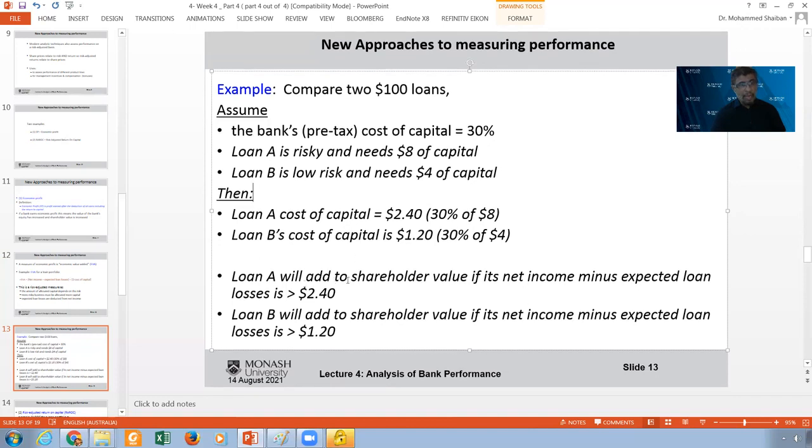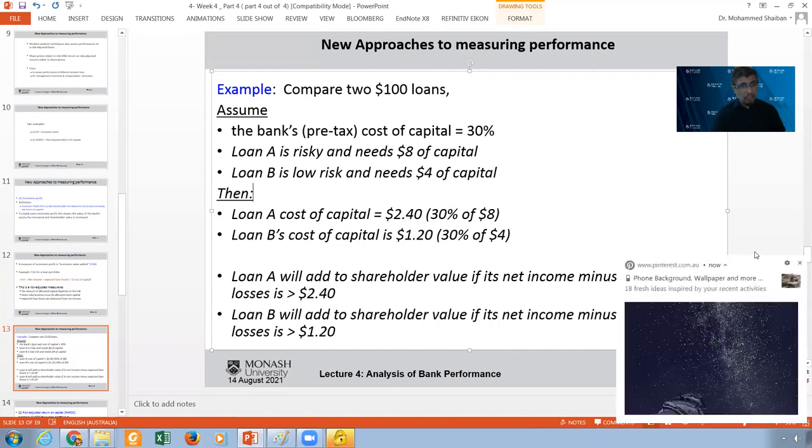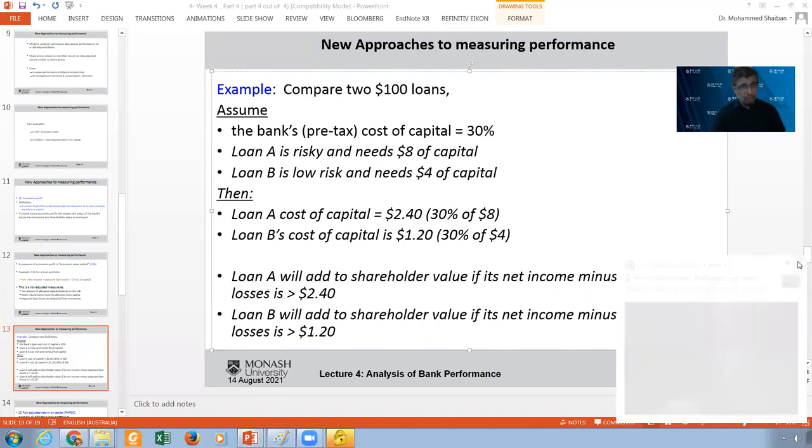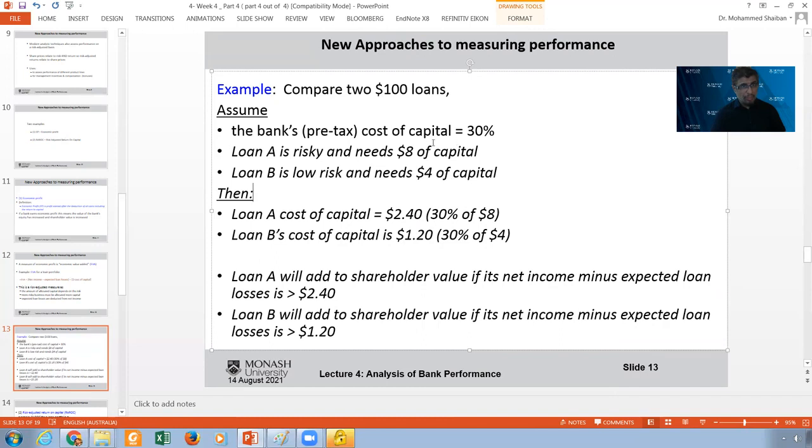Now, loan A will add to the shareholders' value if its net income minus expected loan losses is more than 2.40, which means I cover the cost of capital. I'm evaluating loans and segments in the business according to that.